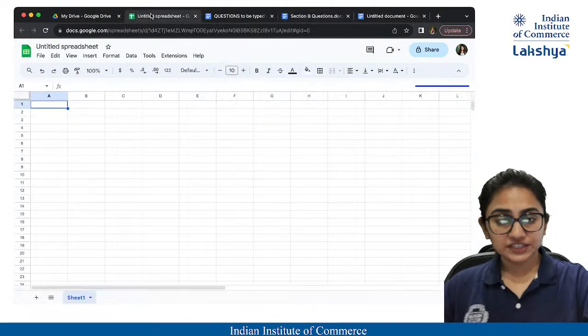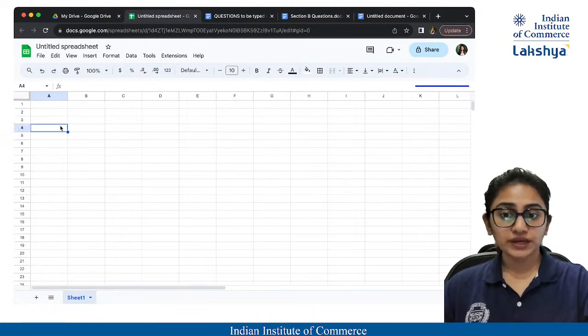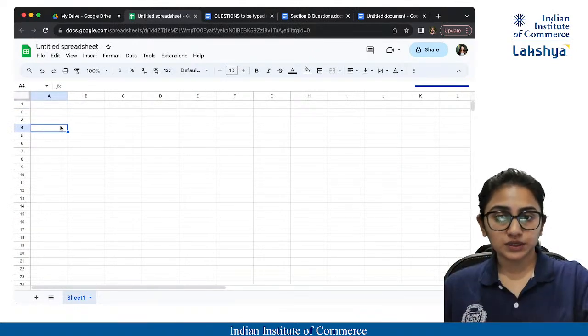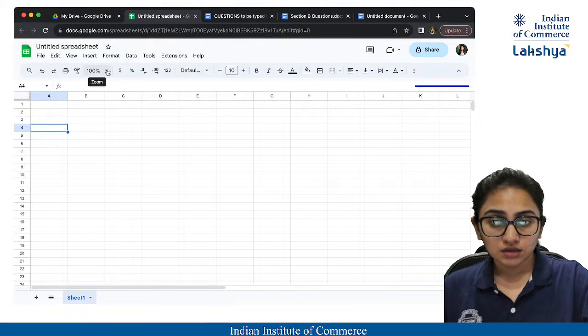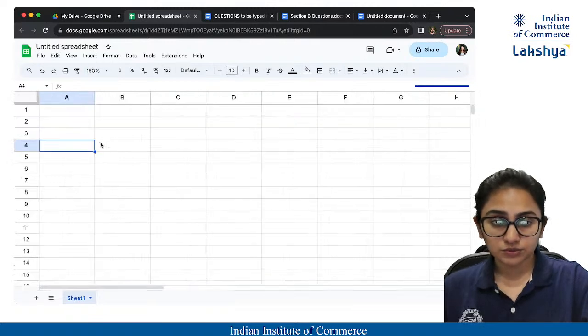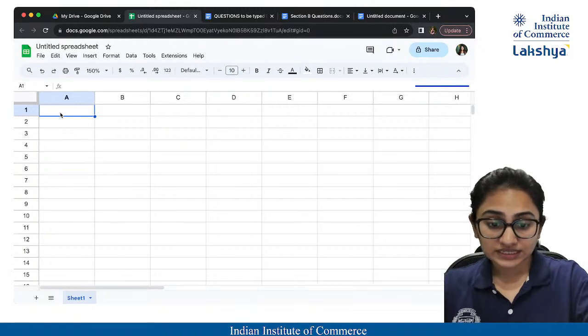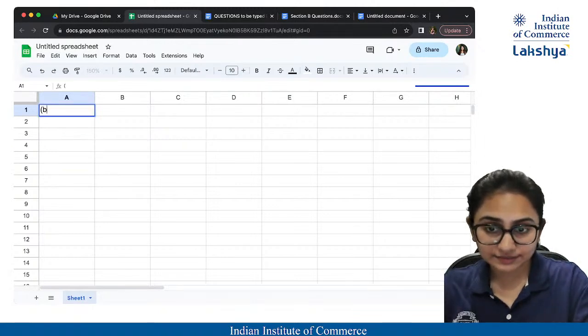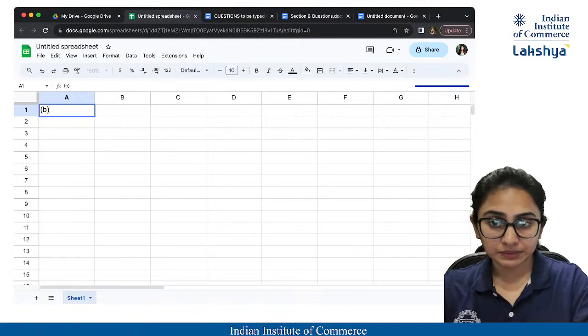So use the spreadsheet. Yesterday I showed you we have 2 options. One is the spreadsheet option and one is the WordPad option. So use the spreadsheet option, but write the numbers correctly. This is the B part, okay, and the B part is what?